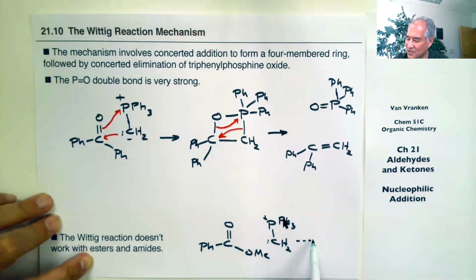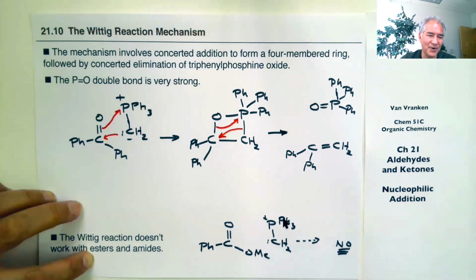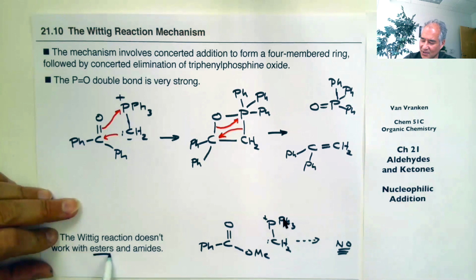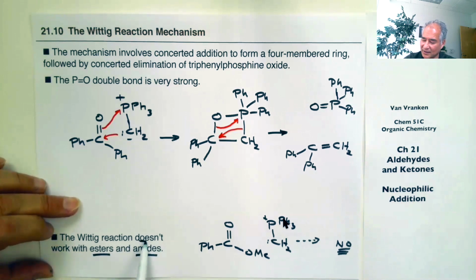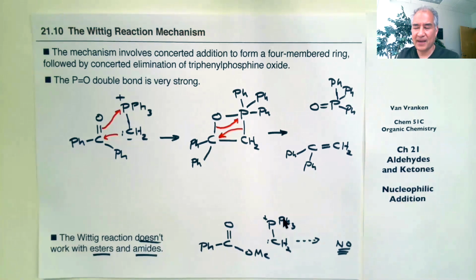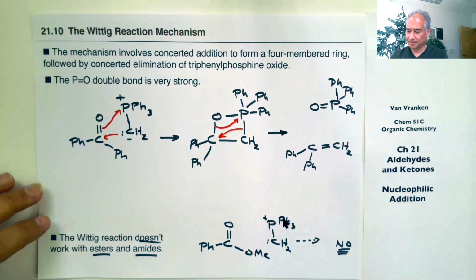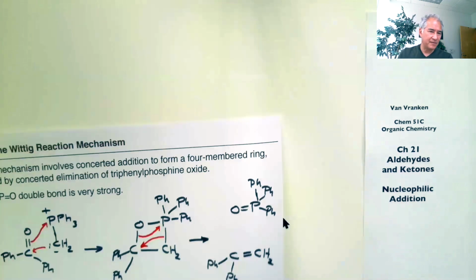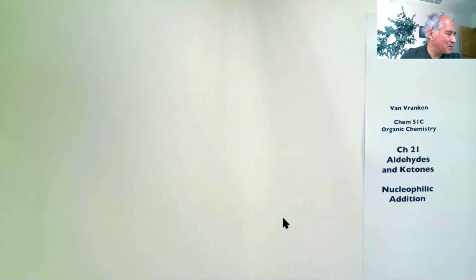I'll just write a dashed arrow here and I'll write no, no. So not with esters and not with amides. Doesn't work. The key operative term there is that this Wittig reaction doesn't work with esters or amide carbonyls. So avoid that.